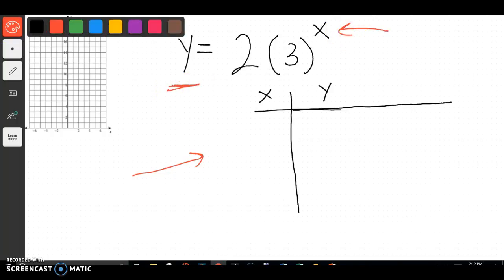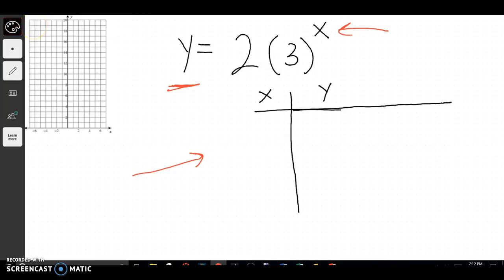The nice part is you can pick any X values that you want. So this can be any number, and we'll see what kind of number comes out on the other side. Then the numbers that you want to pick are both negative and positive numbers.